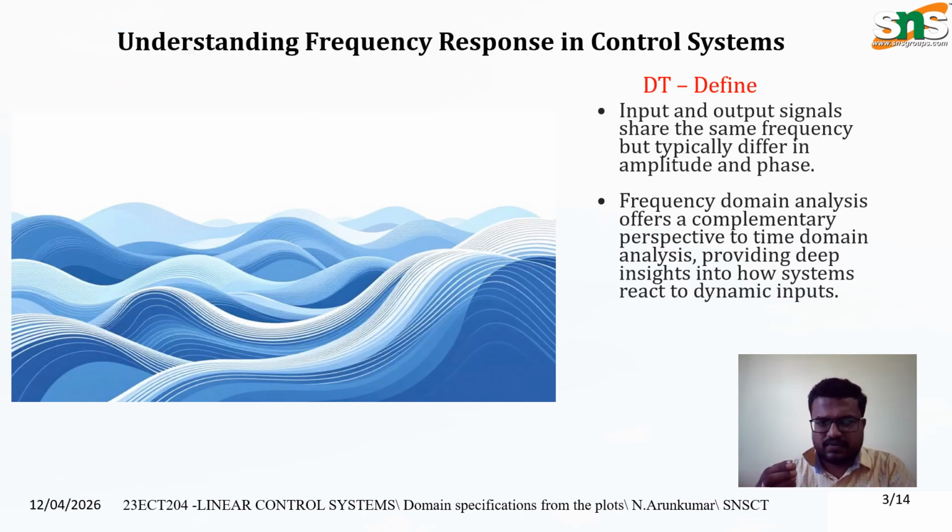For example, if you are taking radio systems, take any one radio station like Suryan FM, it has some frequency. Like that, all those defined systems have their own frequency process. So we need to fit the frequency process based on the input and output signal of the systems. For example, Surya FM has some set of frequency responses.